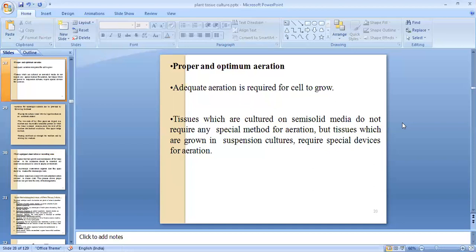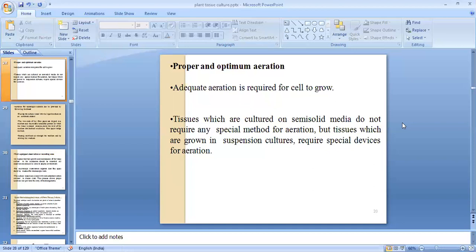But when the tissues are grown in the liquid medium, that is the culture in case of suspension, there the aeration is required. So in that condition, special devices should be kept over there to provide proper and optimum aeration.